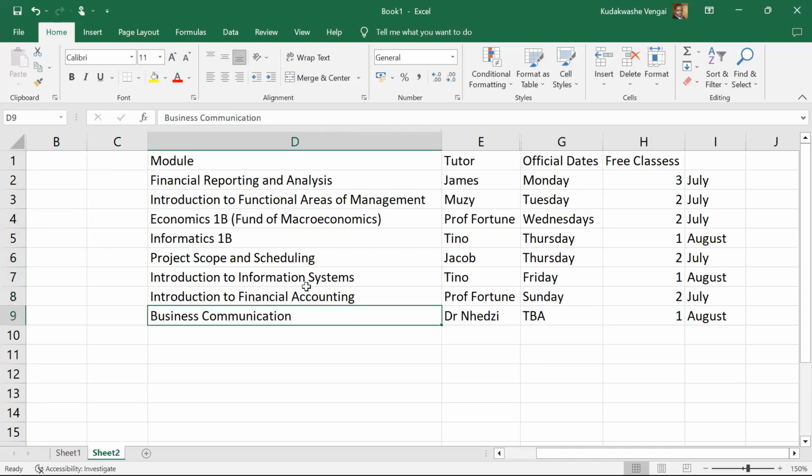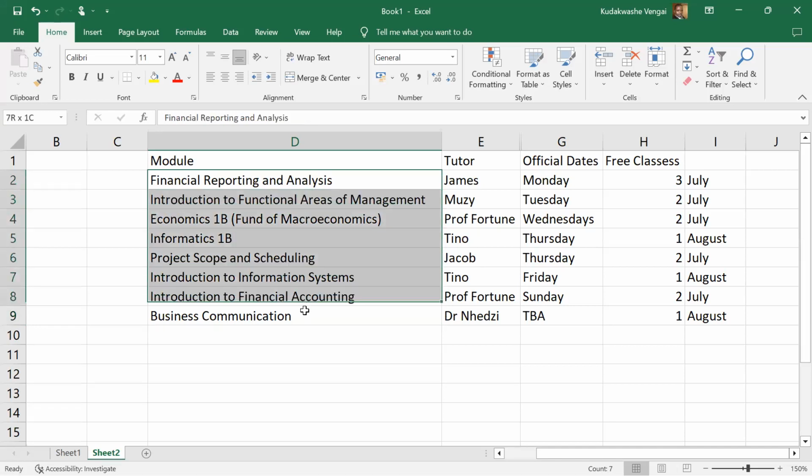Those are the main courses where we will provide you with tutorials from the beginning of the semester, that is now, up until the end of the semester, that is in November. We'll have a weekly lesson for each and every one of the modules listed here. So if a module is not listed here, it means that we don't have normal tutorials for that module.